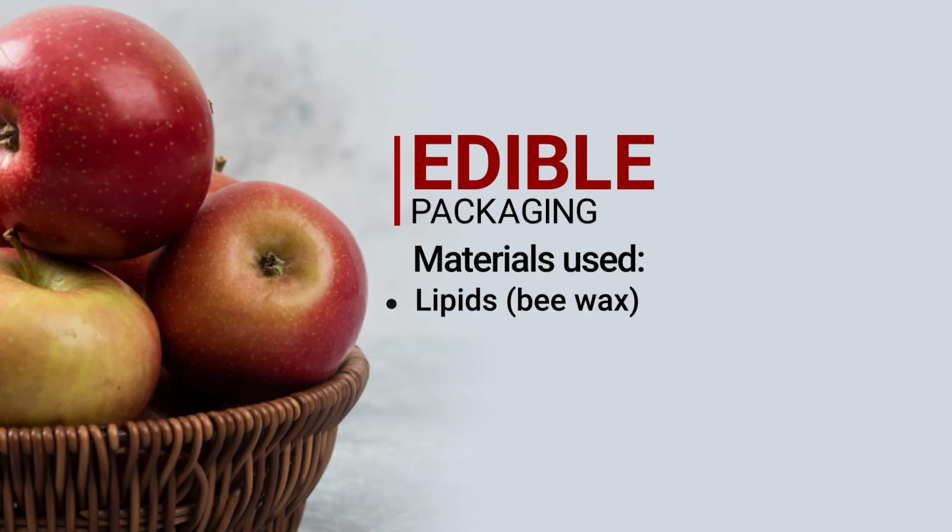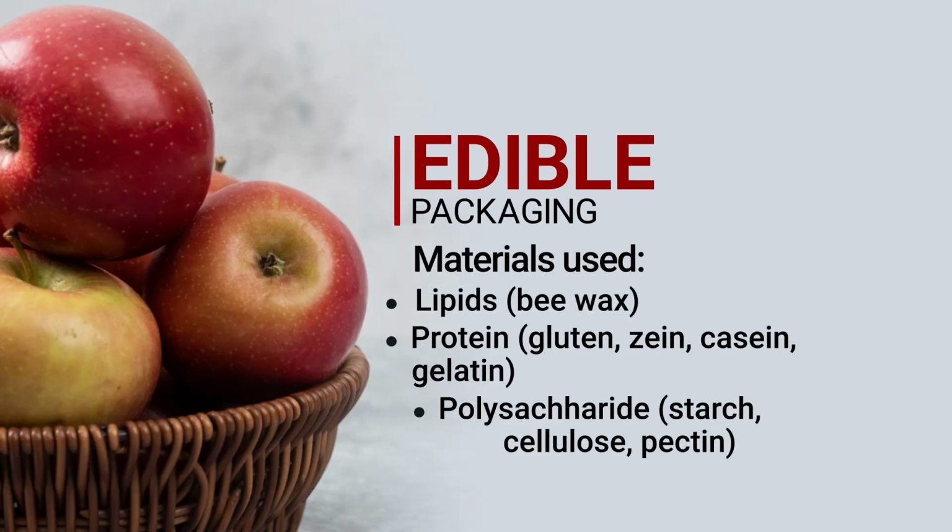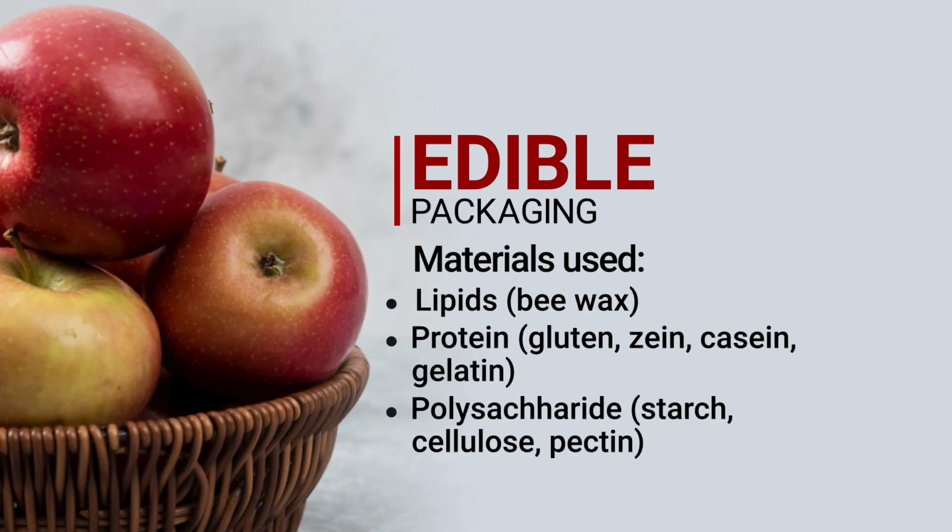The materials used for preparation of edible packaging are lipids, proteins or polysaccharides. For lipids, you can use beeswax. For protein, we can get gluten from wheat, zein from corn, casein from milk, gelatin from animal sources. We can use starch, cellulose or pectin as polysaccharide sources.